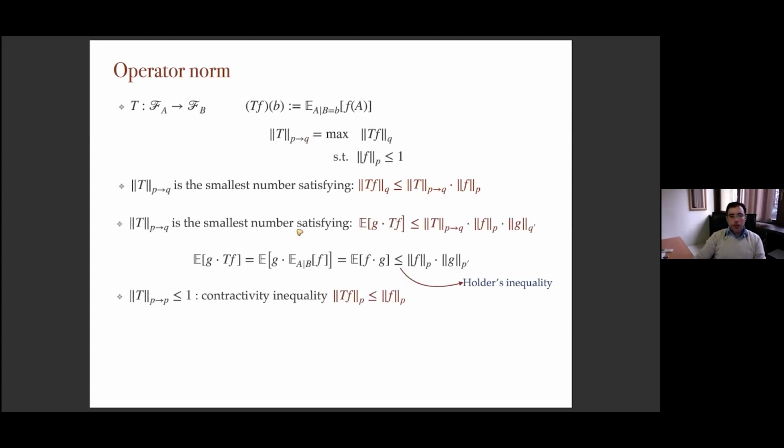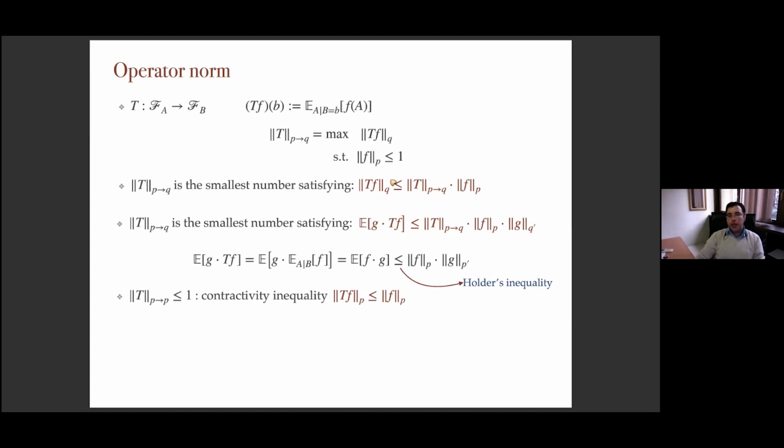Now, using this Holder duality, we realize that this norm is the best number such that the expectation of G times T of F is at most that number times the P norm of F times the Q prime norm of G. Why do I have this?